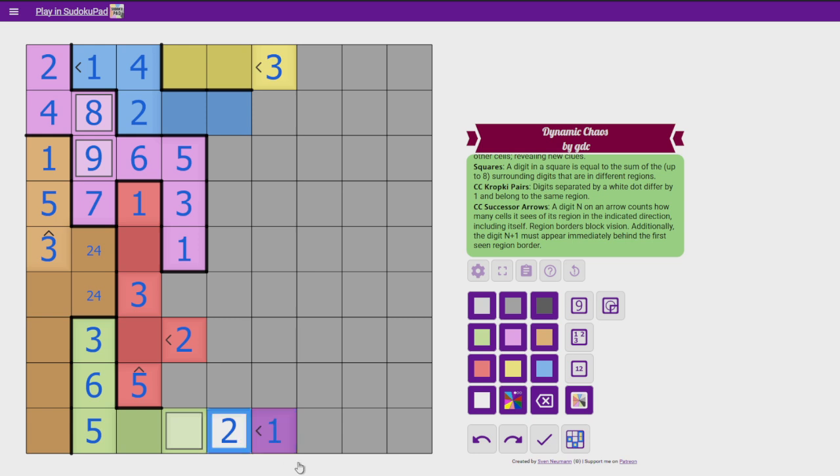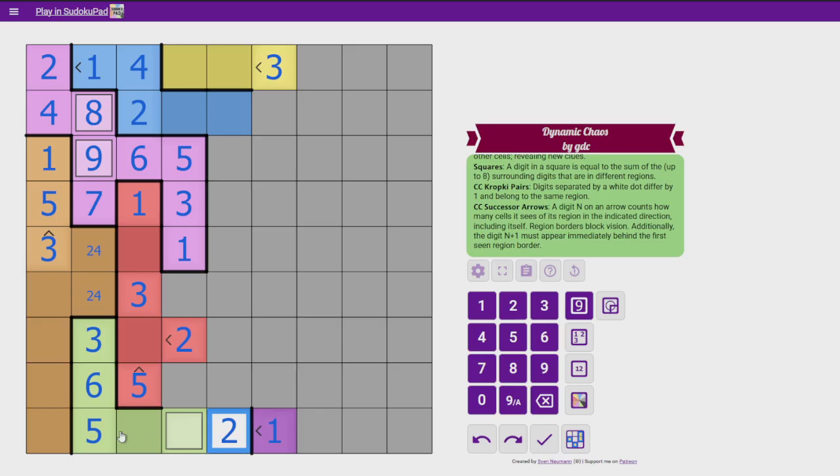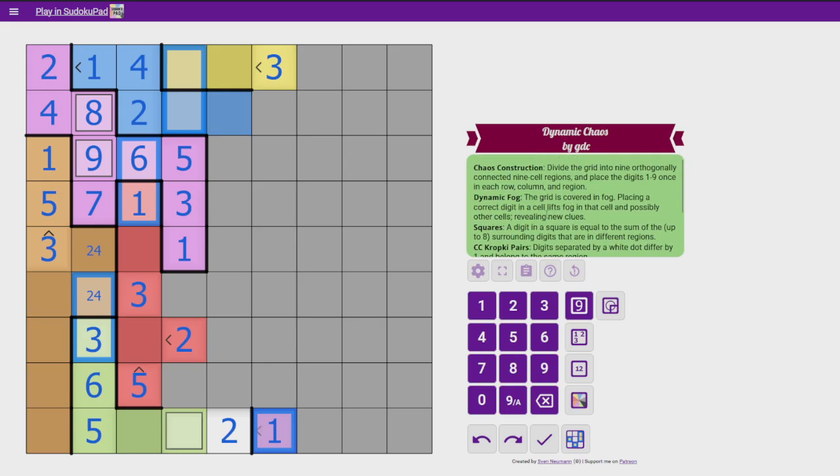This is definitely not purple, but I don't know if it's green is the problem. So there is a border there, but I don't know if this is green or if that's a separate color. How many colors do we have so far? 1, 2, 3, 4, 5, 6, 7. Okay, so we're running out of regions. We only have 9 regions to play in. We don't have too many of them left.